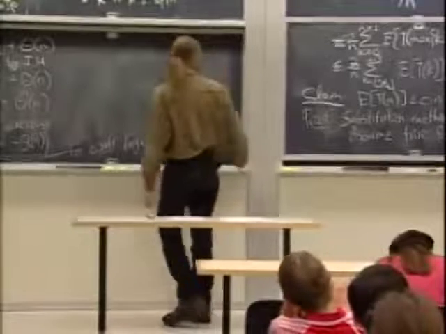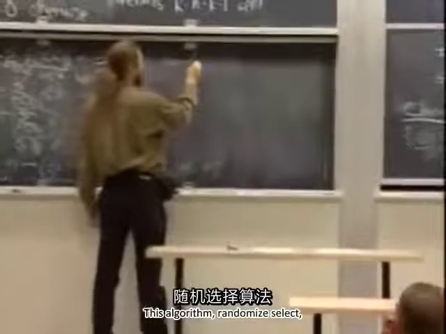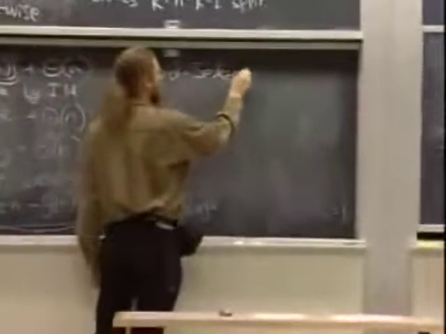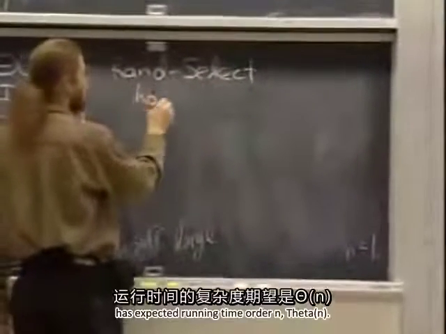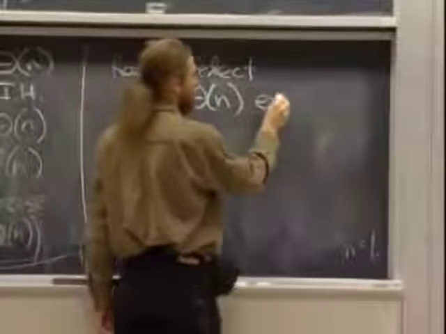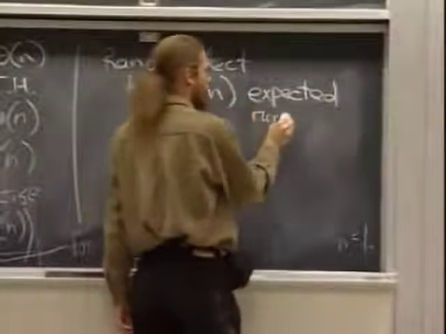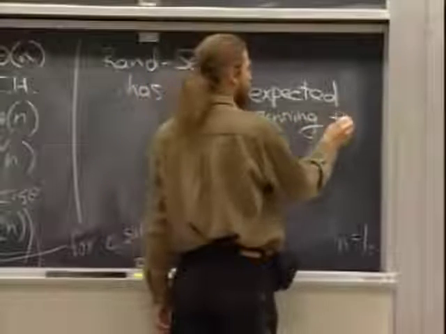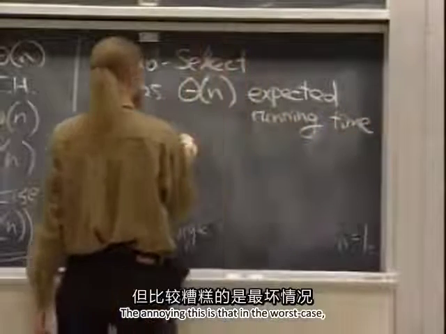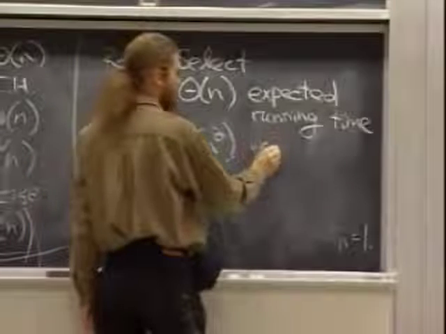So what we get is that this algorithm, randomized select, has expected running time theta n. The annoying thing is that in the worst case, if you're really, really unlucky, it's n squared.